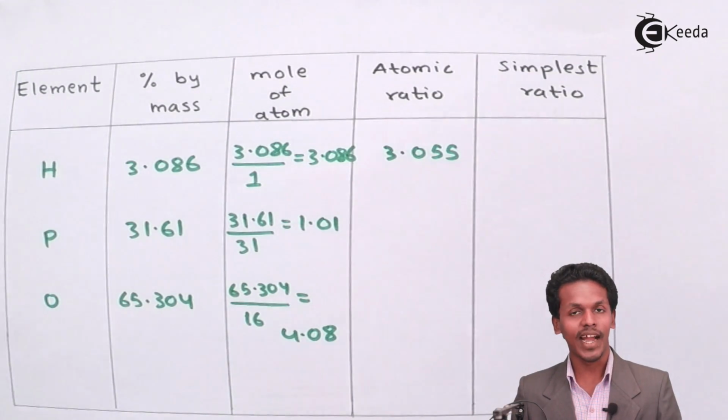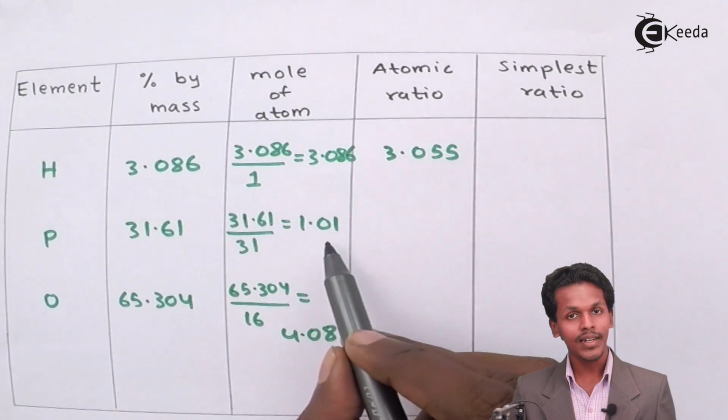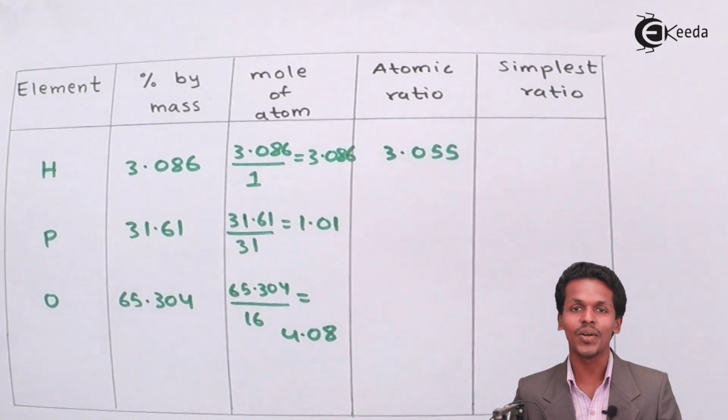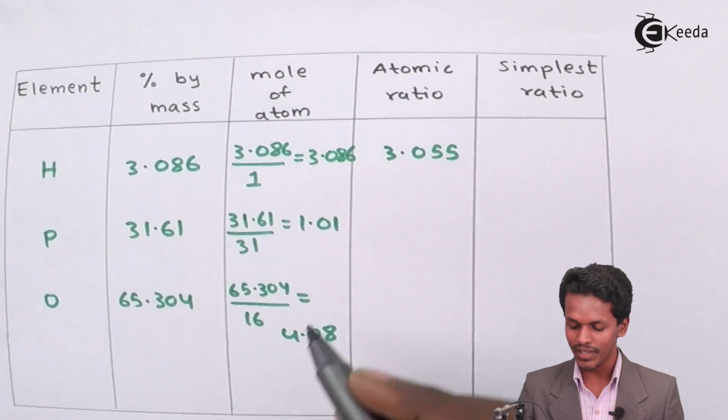Now again for phosphorus we have 1.01, and the smallest number is again 1.01 itself. Therefore 1.01 divided by 1.01 is nothing but 1.